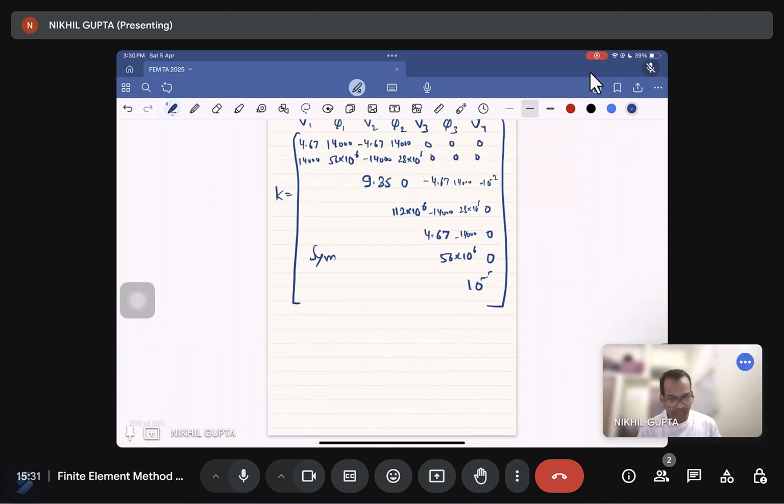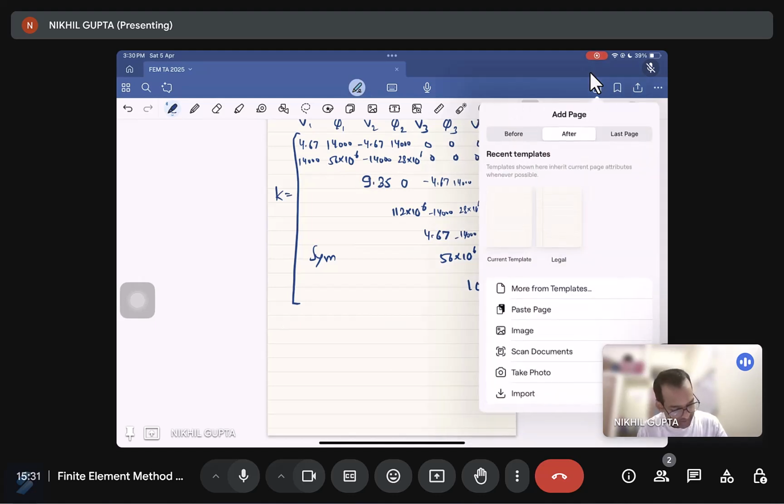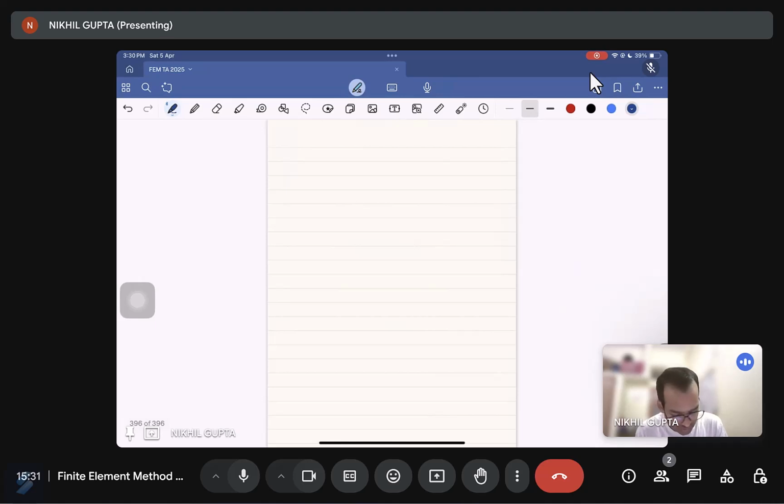Now the next step is to get the load vectors. Let's take a new page for that. Okay, so load vector. This is your beam. This is your loading, 10 kilonewton per meter.